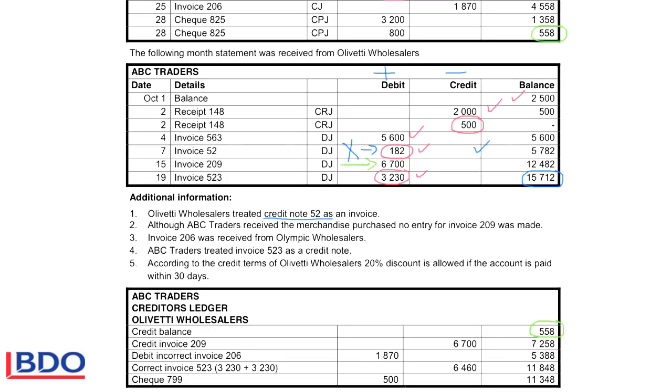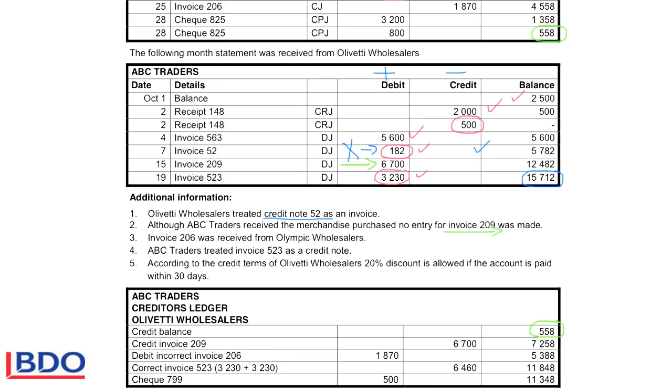This invoice did not appear in the creditors ledger. Now they say they received these goods, but invoice 209 was not recorded. So the business made a mistake not recording it. So we will enter it in the creditors ledger.